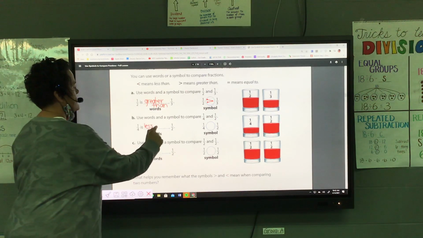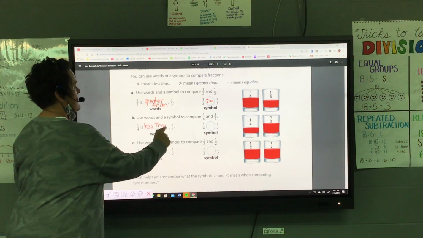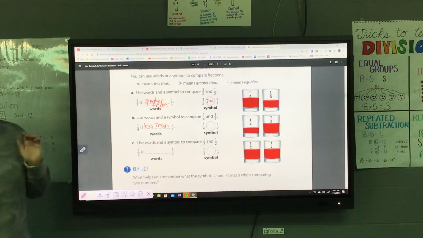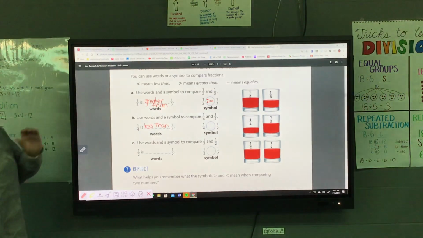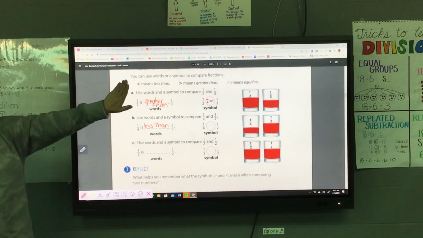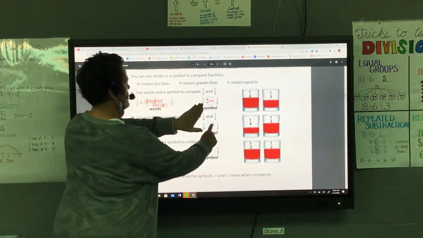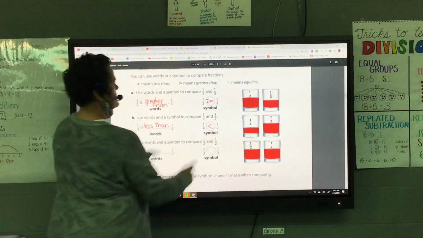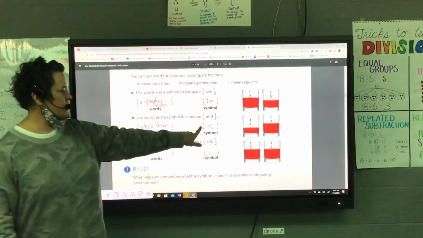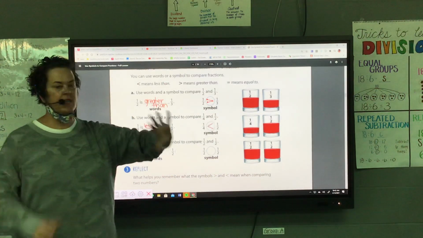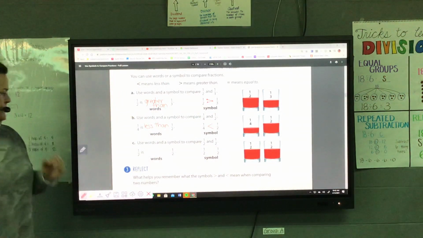So less than. Then the symbol that can make the L is the one I need to use. So it's pointing to the smaller number, opened to the big number.